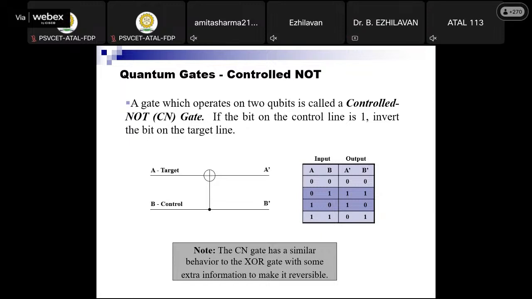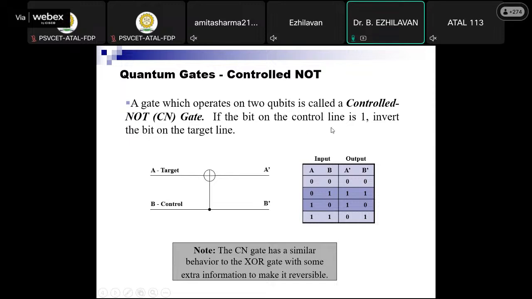If you have only one line, invert the bit on the target line. See here what we are getting, A and B. When A and B are 0, the target and control are 0. Similarly, in this definition, if the bit on the control line is 1, invert the bit on the target line.